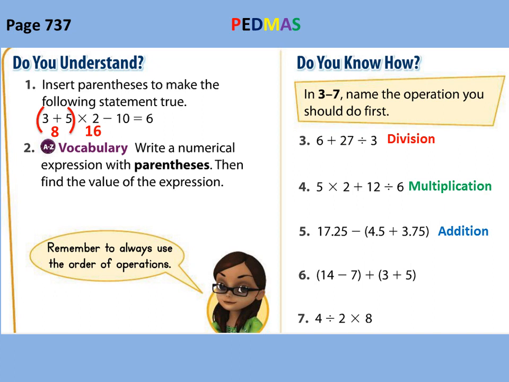And the first parentheses has an operation inside. It's subtraction. So the first operation here is subtraction. We must subtract 14 minus 7. So, subtraction.